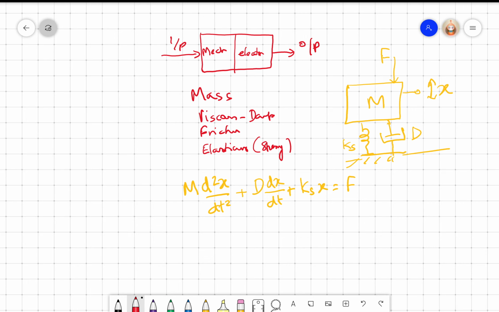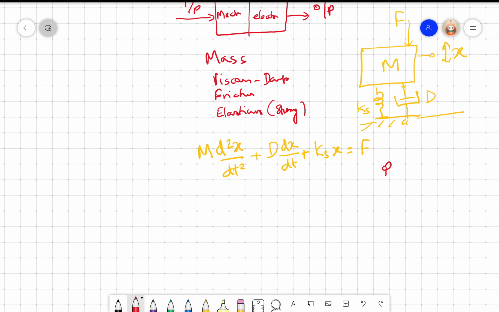Electrical part, I can model it as R. Let me put this in a different perspective. LRC, right? So I call this Lm, Rm, and Cm, right? Now, if I look at the current I in the circuit, the EMF will be Lm into di by dt.